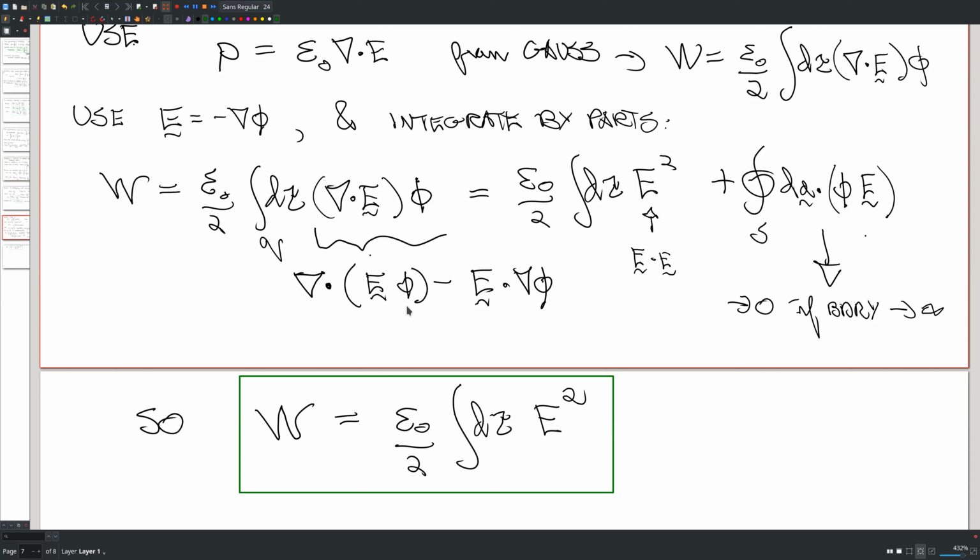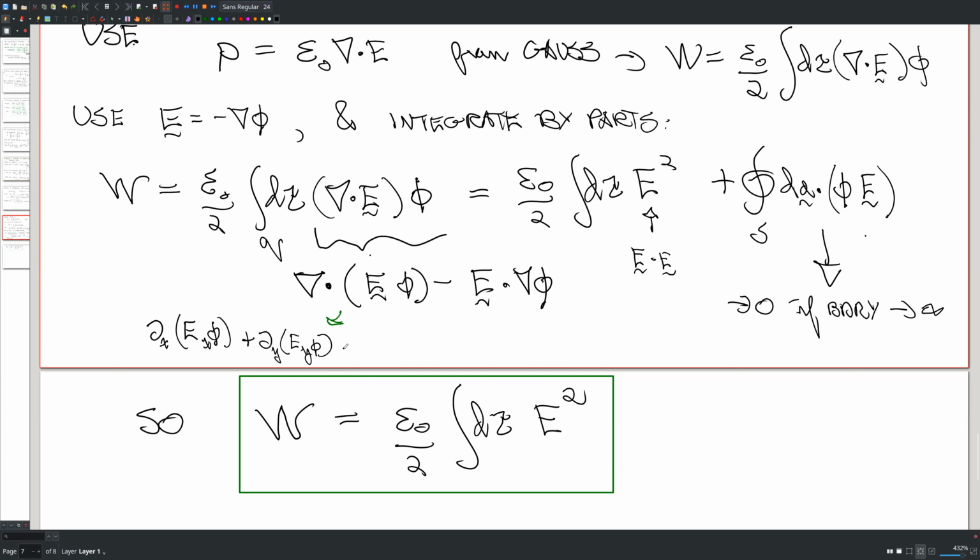Yeah. So if I write it in Cartesian representation here, let me go back to black. Here, what I mean is the derivative with respect to x of Ex times phi plus the derivative with respect to y of Ey times the same phi.